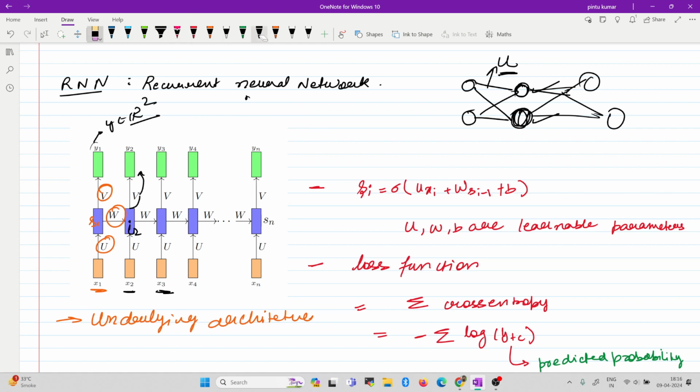Your Si is nothing but U times xi, that is your input being passed till this point, plus W times the previous intermediate representation, and some bias, and then you apply some non-linearity on top of it. Over here, your U, W and b are your learnable parameters, similar to your neural network. These are your learnable parameters.